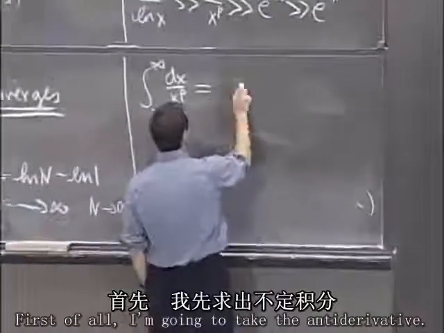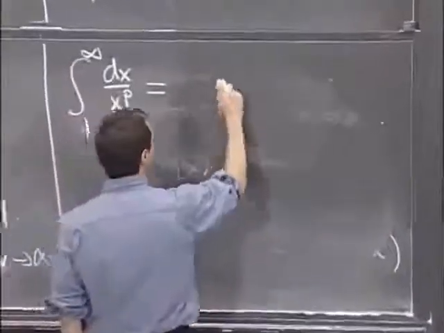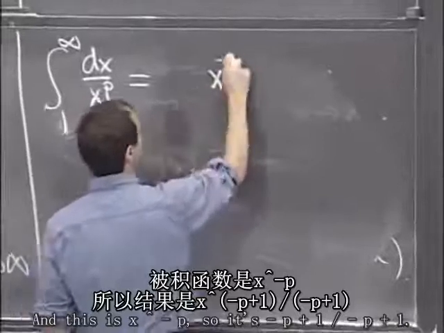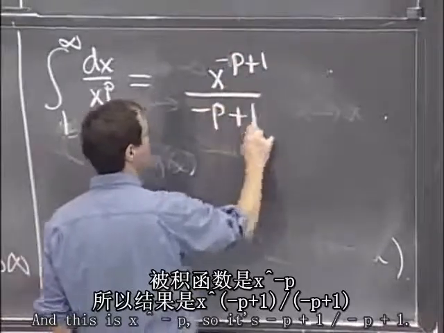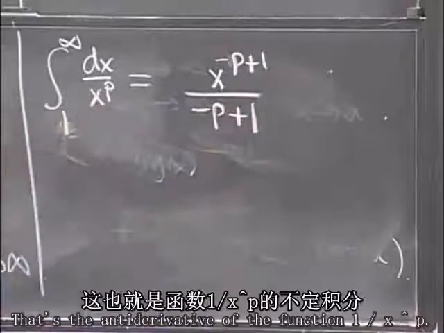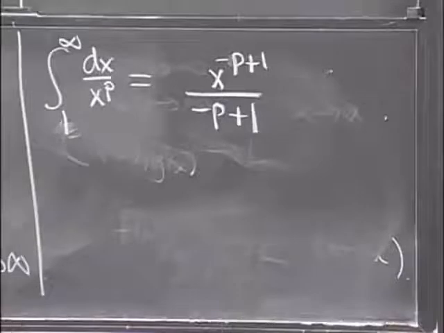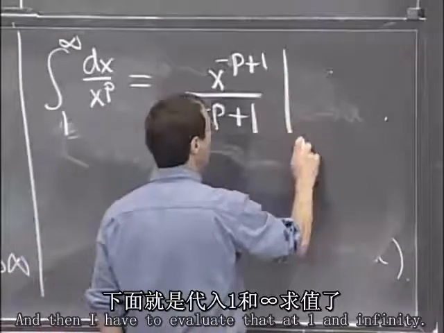First of all, I'm going to take the antiderivative, and that's x to the minus p plus 1 divided by minus p plus 1. That's the antiderivative of the function 1 over x to the p, or x to the minus p. And then I have to evaluate that at 1 and infinity.